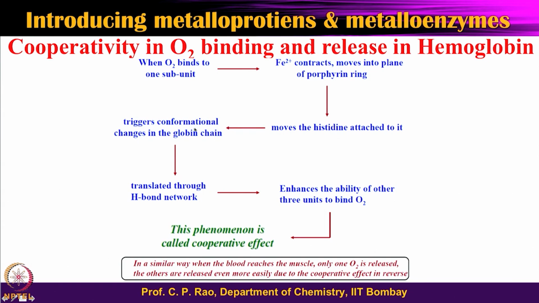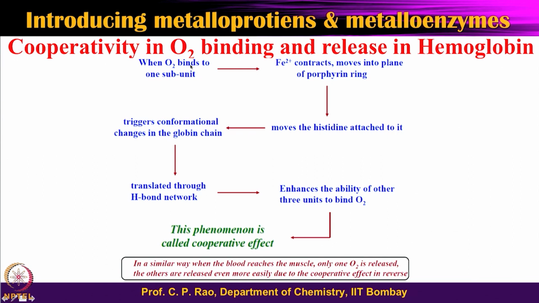That conformational change goes through that particular protein to the neighbor, translated through the hydrogen bonding network, and that will enhance the ability of the neighboring units to bind to the oxygen. What we are saying is, when one oxygen binds at one unit, the binding affinity of oxygen at the second, third and fourth becomes very high, and such a phenomenon you can call a cooperativity effect.